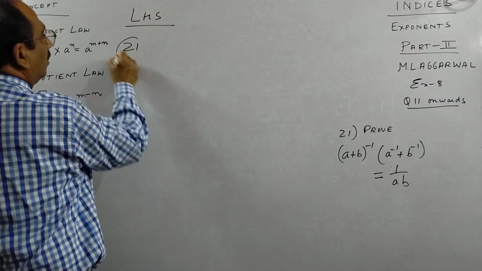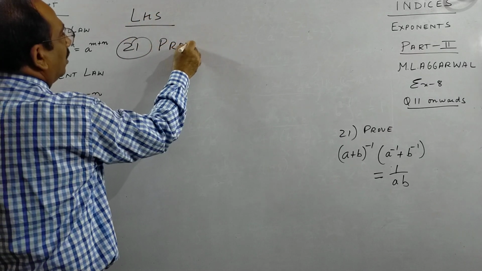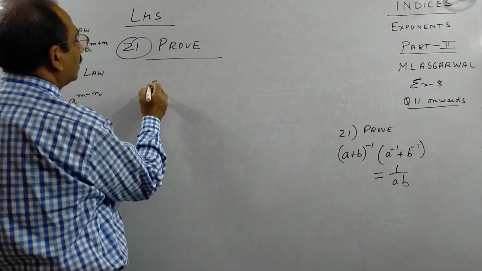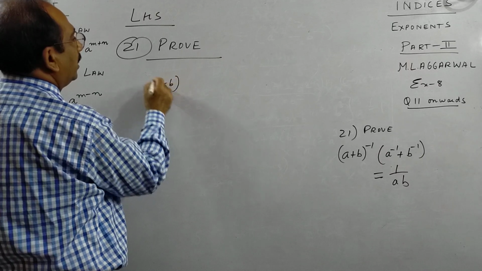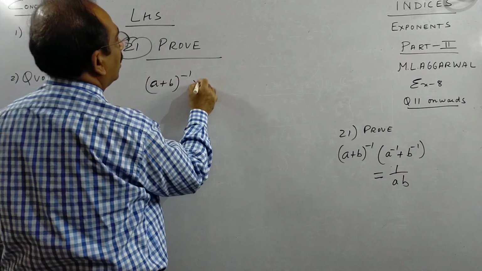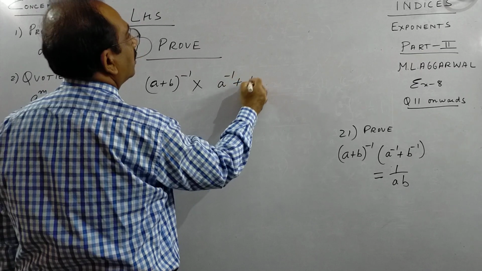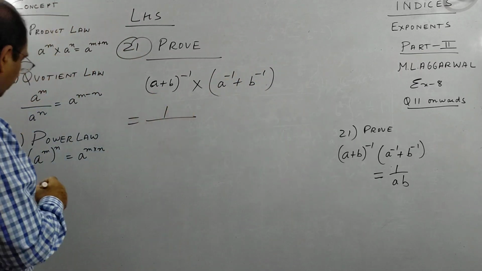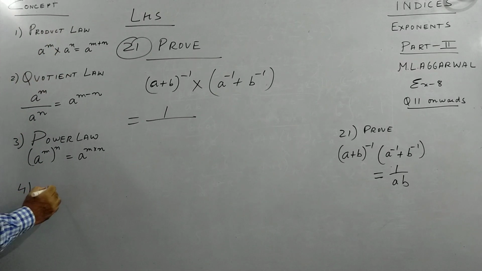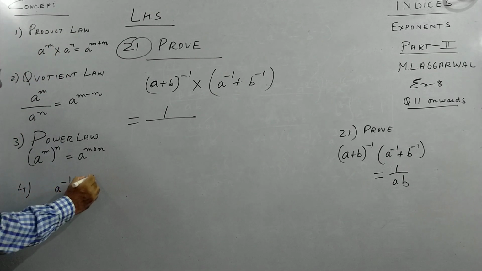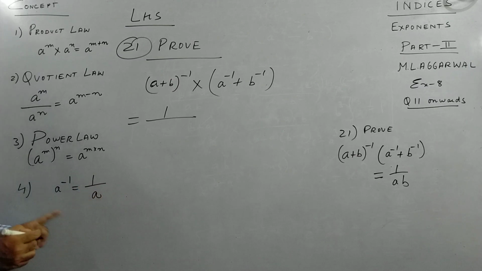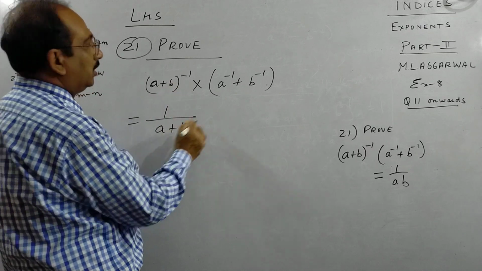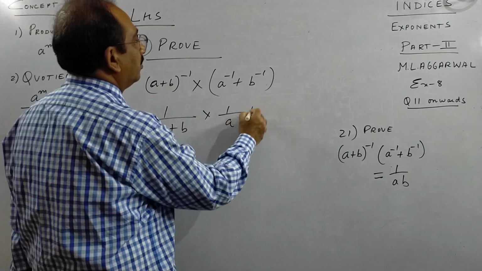So children, question 21 is prove. I start with LHS. So LHS is a plus b to the power minus 1 into a to the power minus 1, b to the power minus 1. So we know that rule, if you remember, anything with a negative power becomes positive in the denominator. So this goes in the denominator and becomes positive.